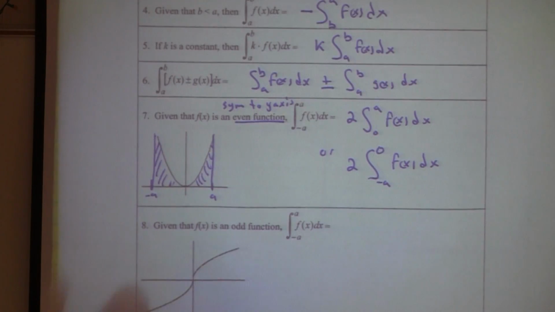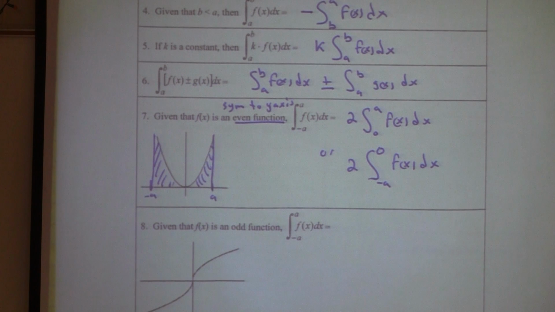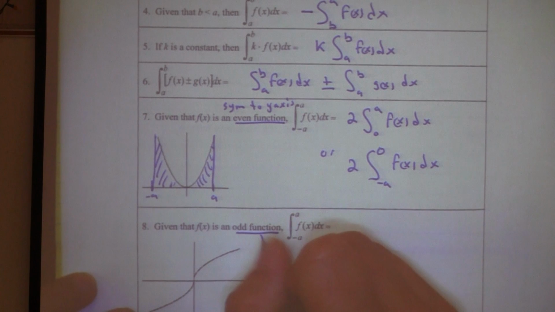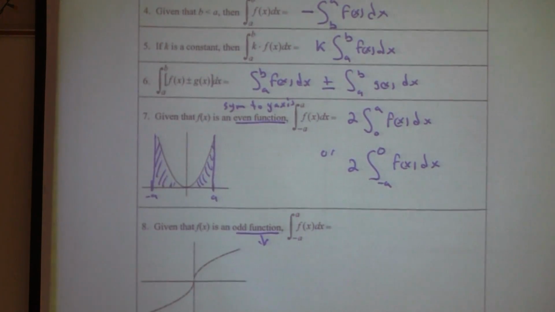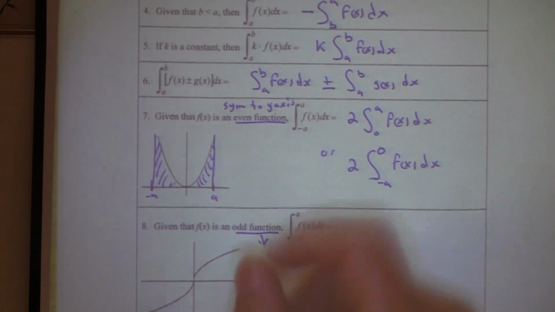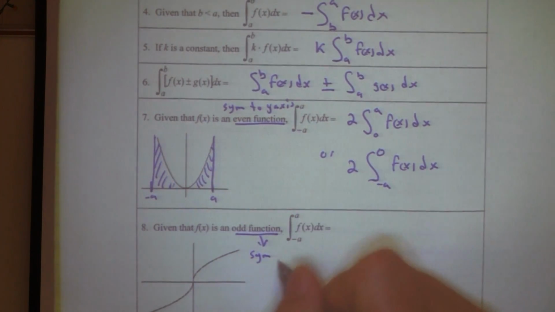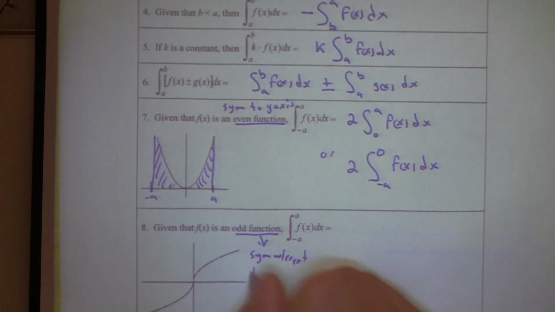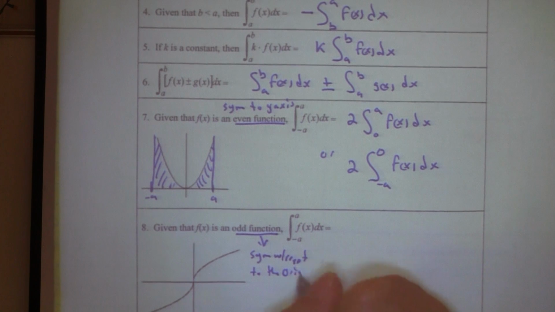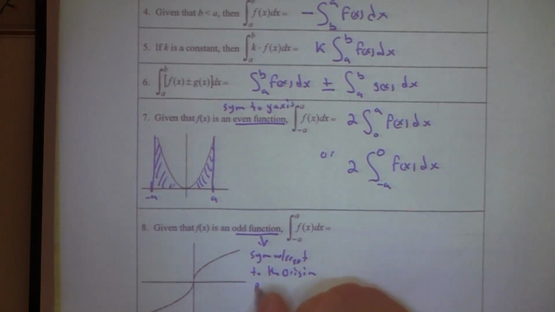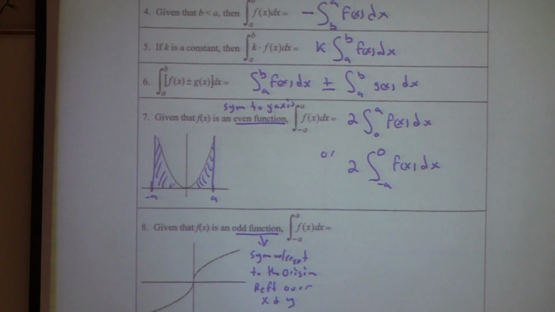What if something's odd? Symmetric with respect to the origin, right? What does that mean? Because it's kind of weird. Okay, so that means that it reflects over x and y, and you get the same graph?